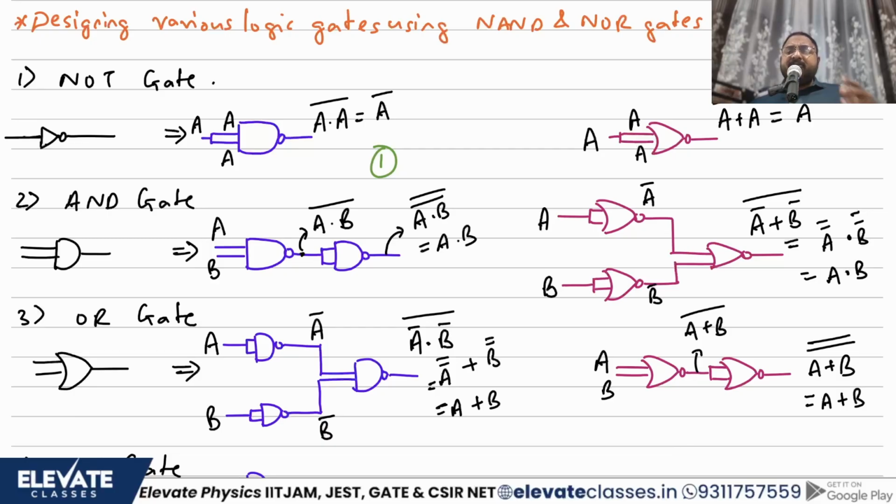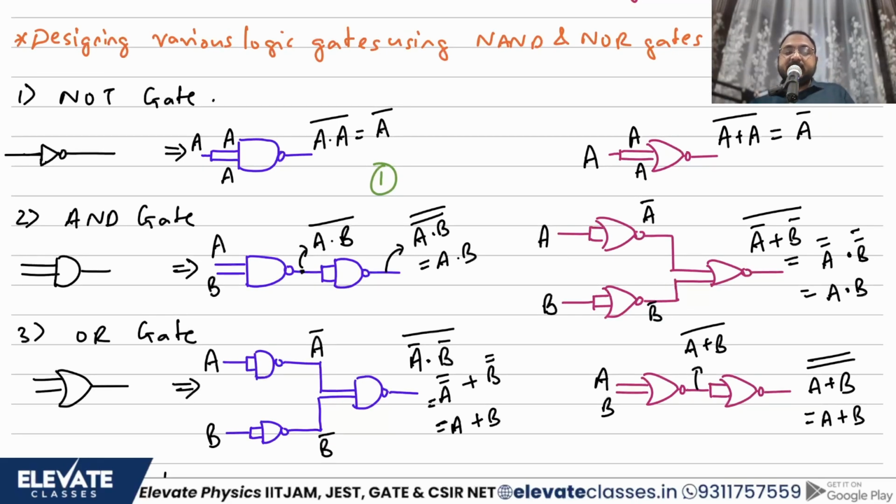Okay, now why have I done these two things side by side? First of all, it doesn't look very neat and tidy, right? I could have just used one page for NAND and then the next page for NOR, but there's a very specific reason. There is a very common question in a lot of competitive exams as to how many minimum two input NAND gates are required to design different logic gates.